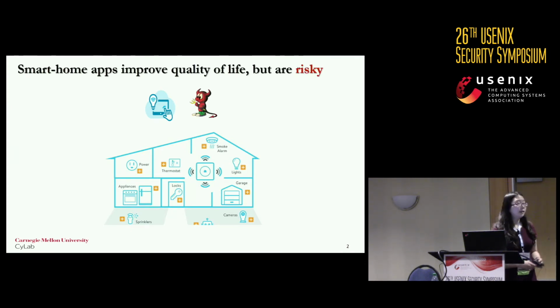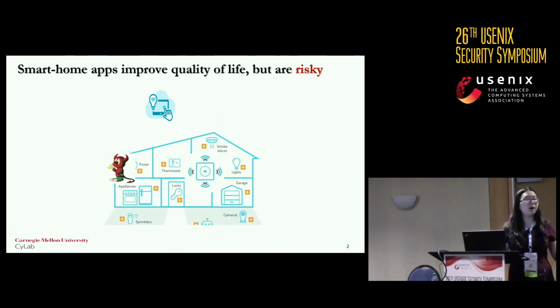However, these third-party applications can be malicious or dangerous, so that attackers can utilize these apps to launch lots of attacks. For example, take control of the door locks and also turn off the fire alarms.